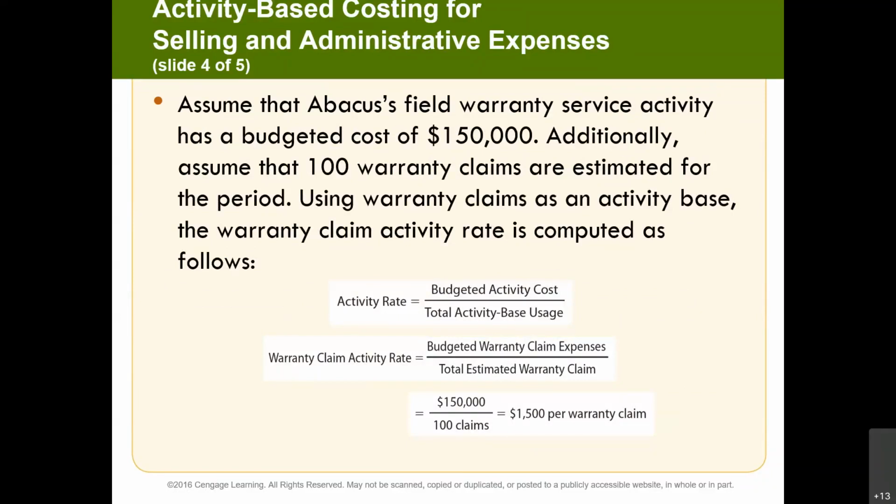We would take the budgeted activity cost, which in this case is the budgeted warranty amount of $150,000, and we divide that by the activity base, which in this case is the estimated warranty claims that we expect during the period. So you take your $150,000 divided by the estimated number of claims, which is 100, to get us to $1,500 per warranty claim, which would be our activity-based rate for warranty claims.